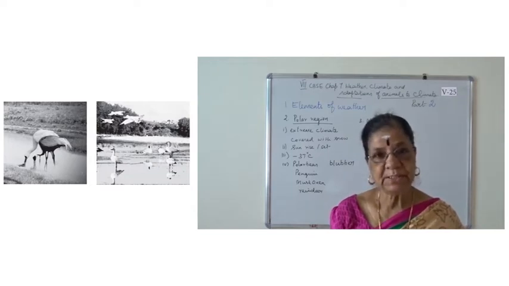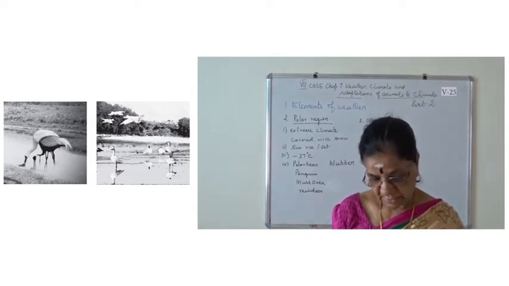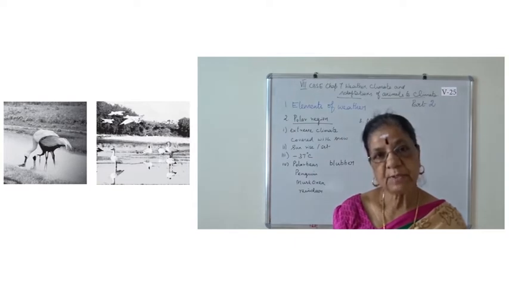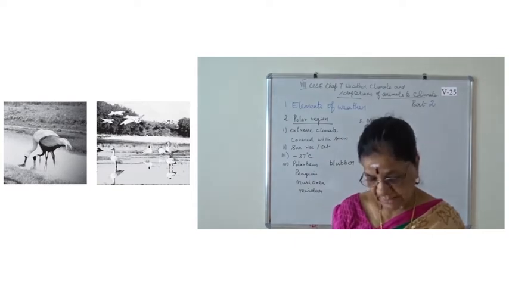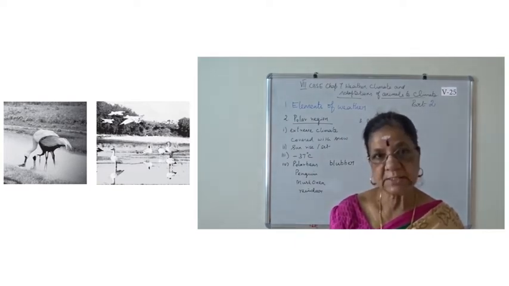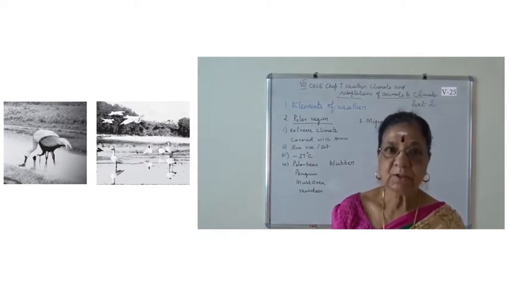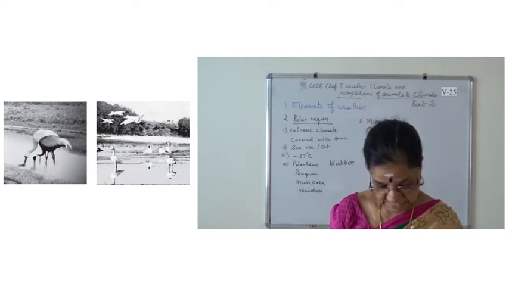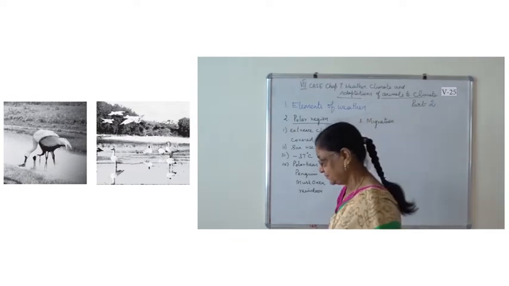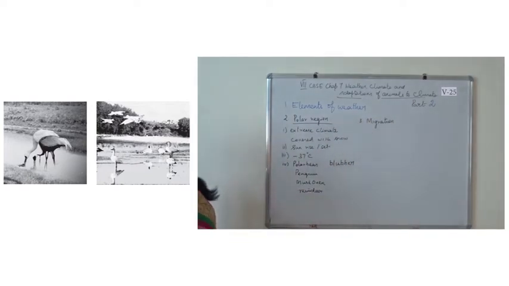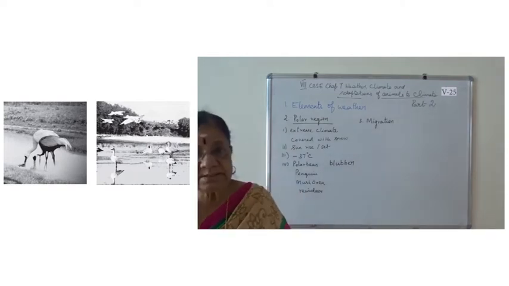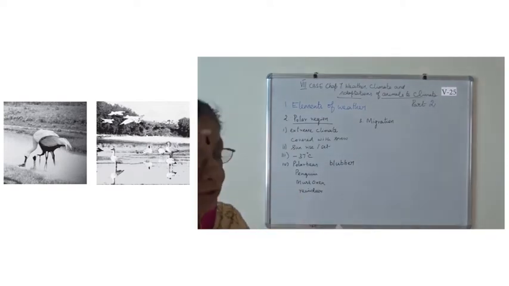Birds like Siberian crane and ruff migrate from very cold places in the Arctic region to warmer places like India in winter. So now here, our textbook has given a picture. I will show this in our video.